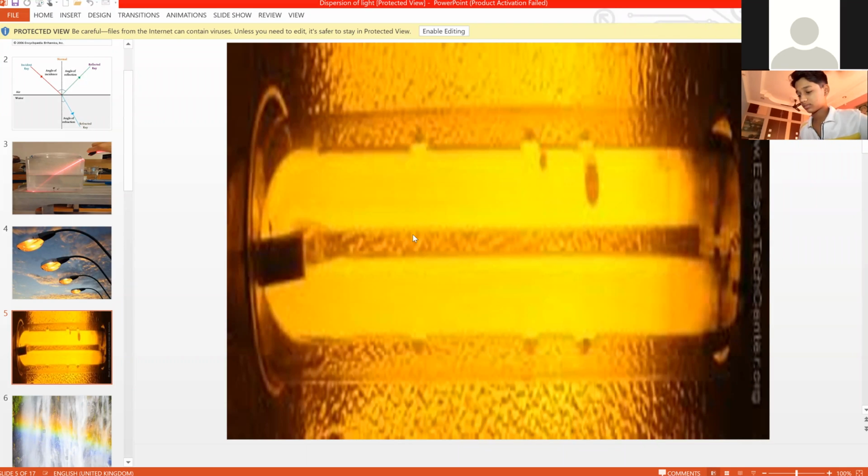Once again, dispersion of light is when the light is split into different colors due to refraction. Simple: when light splits into different colors due to refraction, this phenomenon is called dispersion of light.